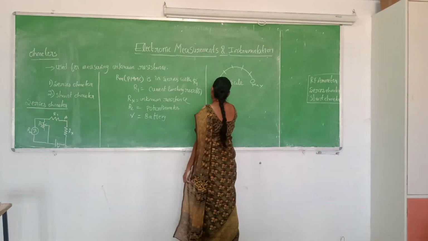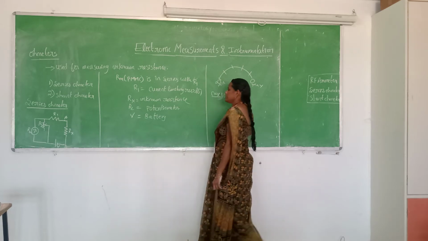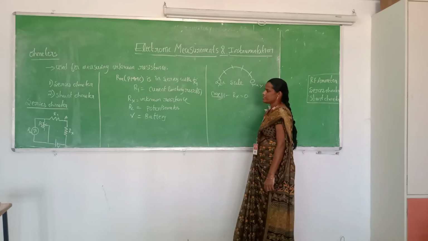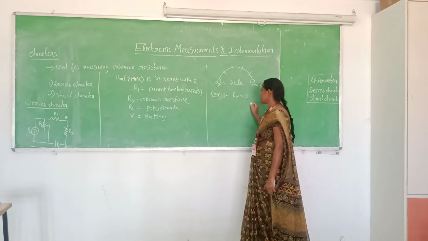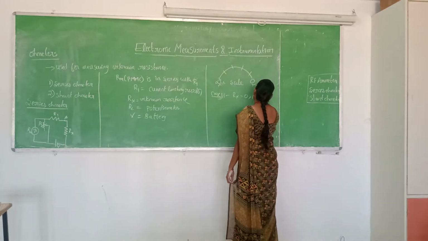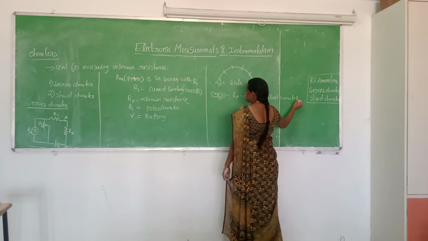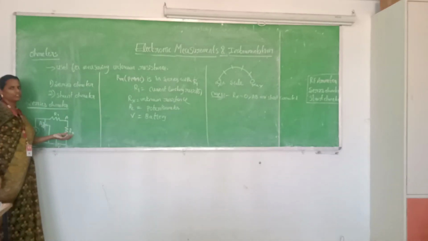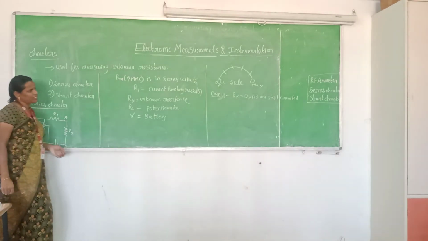So here, if we consider case 1, in this case 1 the resistance Rx equals 0. If the resistance Rx equals 0, then the terminals A and B are short circuited, and the maximum current flows to the meter.